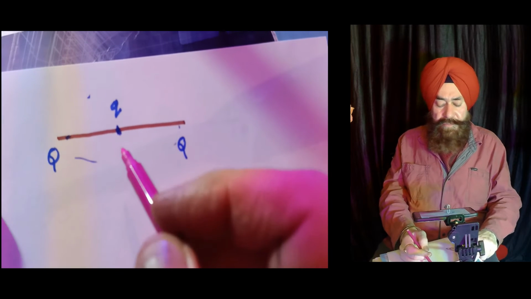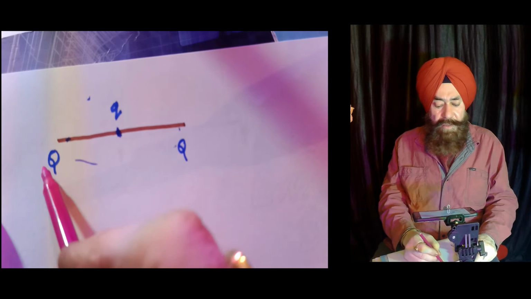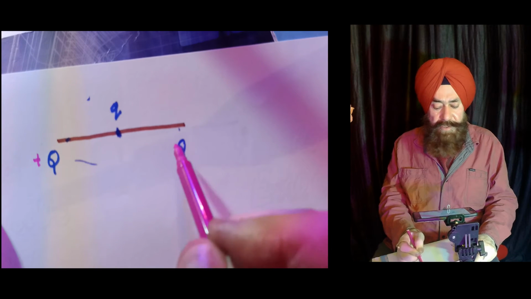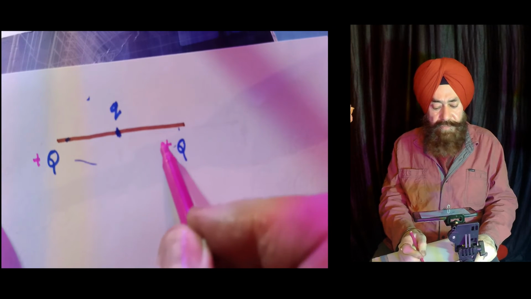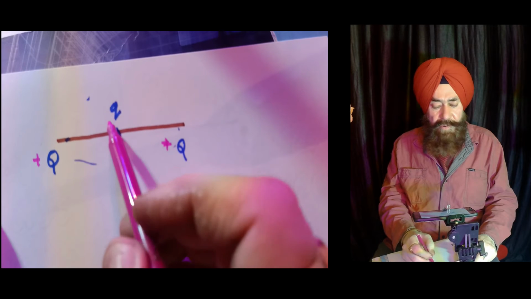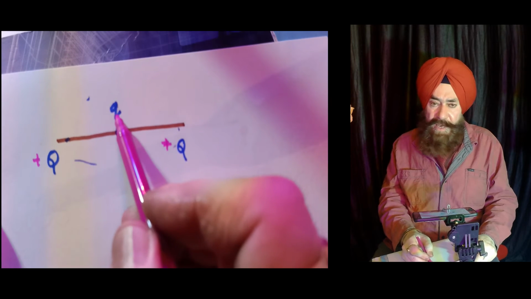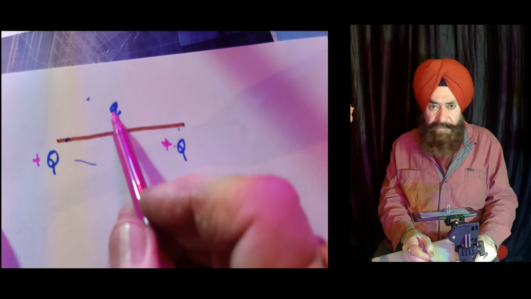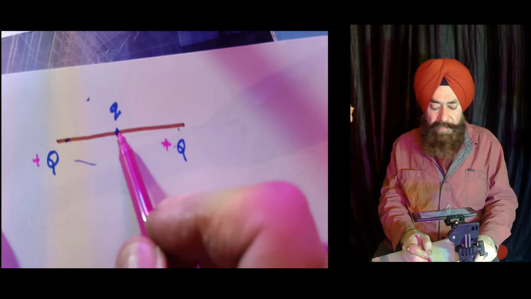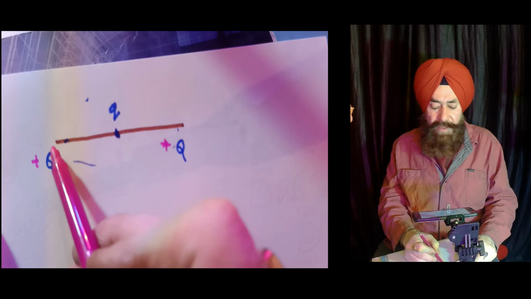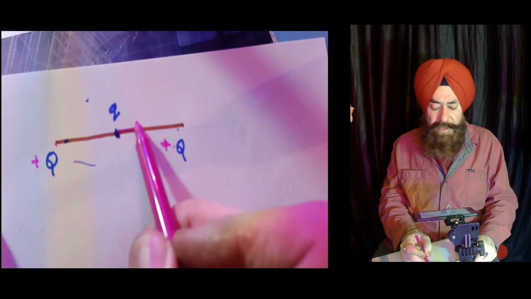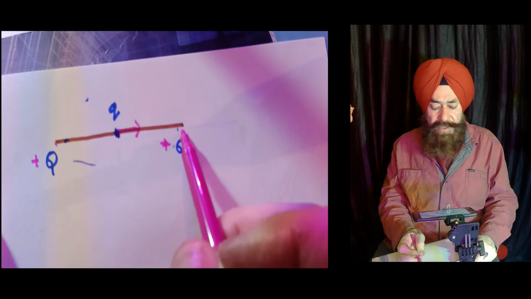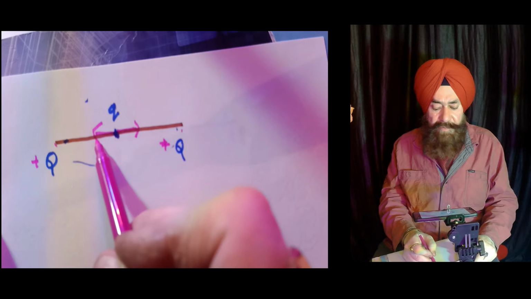Now look. This is a positive charge, positive charge. Because the sign and magnitude are not given, whatever it is, let it be positive. If it is placed here at the midway, then this charge will repel it along this side, and this charge will repel it along this side.